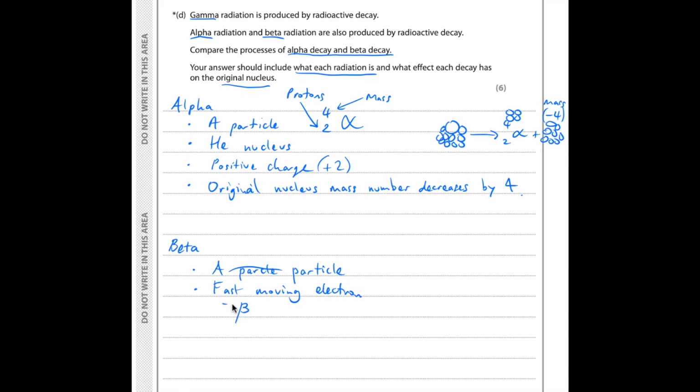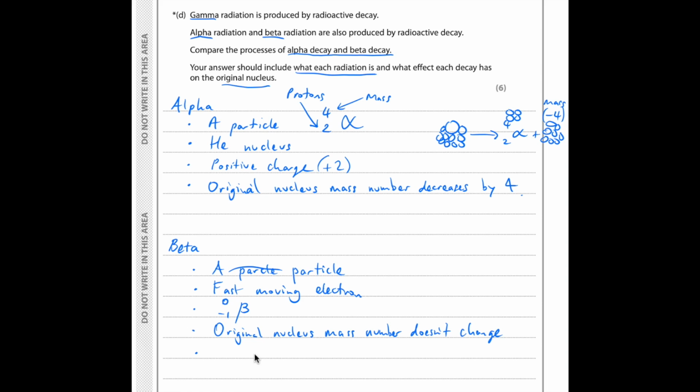It's got a mass of nothing and a charge of -1. So the original nucleus mass doesn't change if beta is given out. Original nucleus mass number doesn't change.